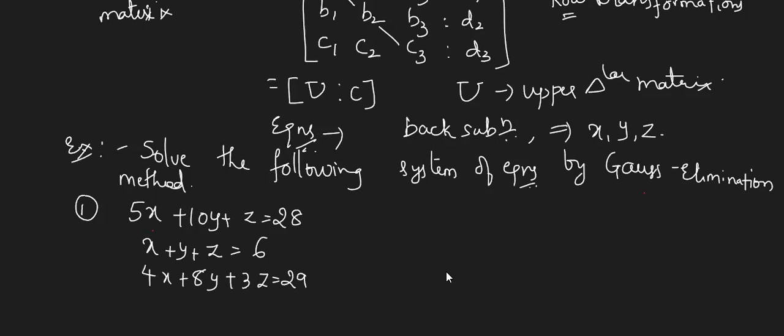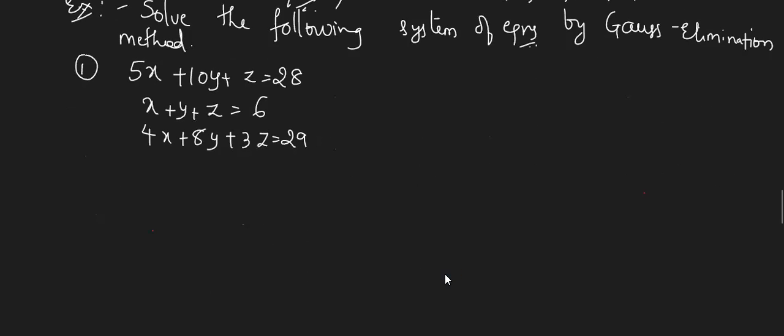While solving these examples, before starting with the solution, solve it on the side with a calculator and keep the answers with you. Take the three equations in the ax plus by plus cz equal to d format, substitute the values and tell me the answers. Are you sitting with a calculator?